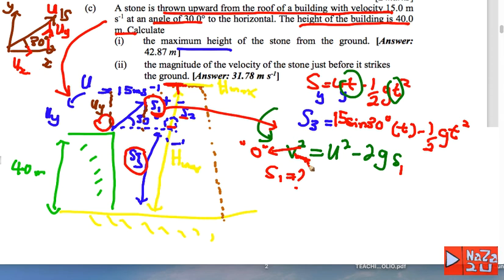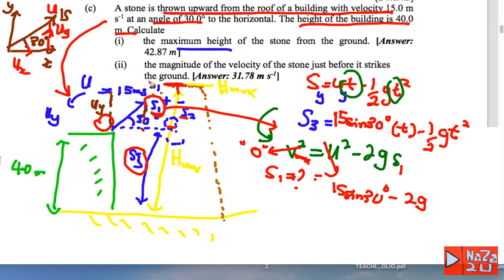So V maximum is equal to 0, or Vy here. And the initial velocity, you can use 15 sine 30, resolved to the y vector. So this is equal to 15 sine 30, right? And minus 2g.